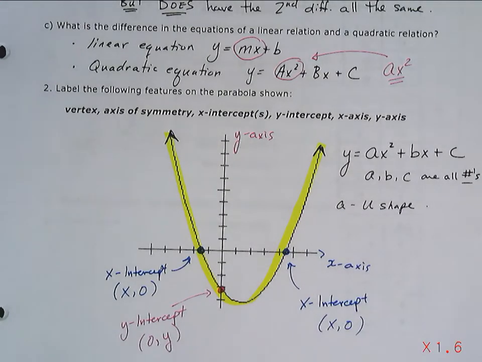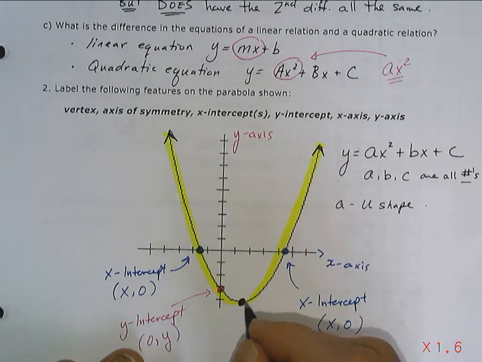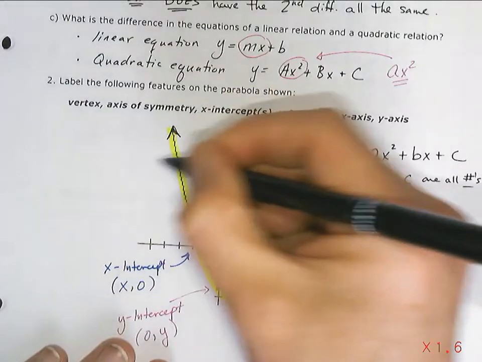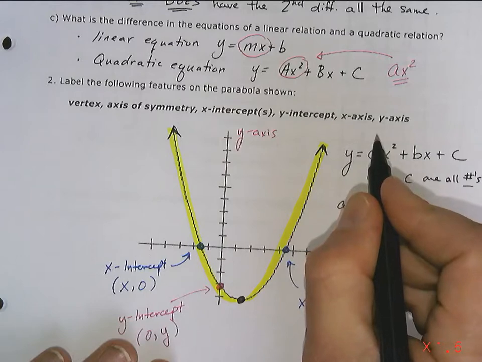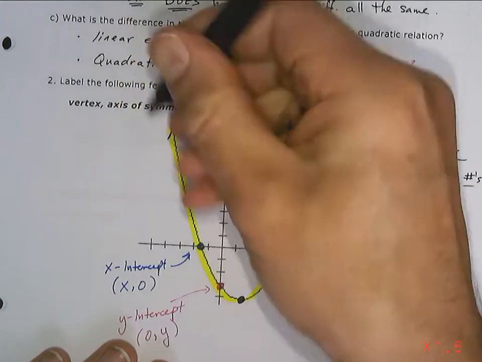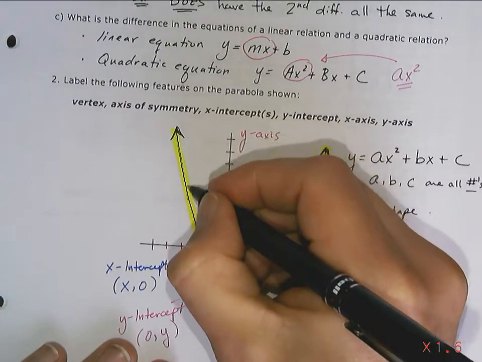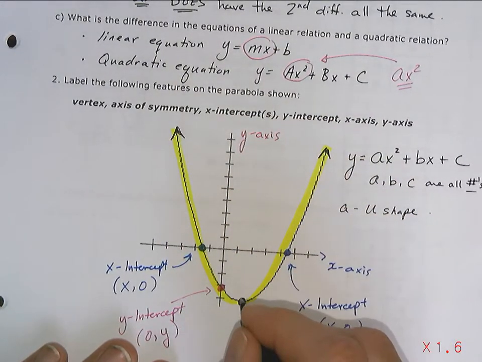There's some other things that we need to know that are specific to a parabola. The point where it changes direction. So if we look at this parabola moving left to right, you'll notice that the y values become lower and lower and lower until it hits this point here.